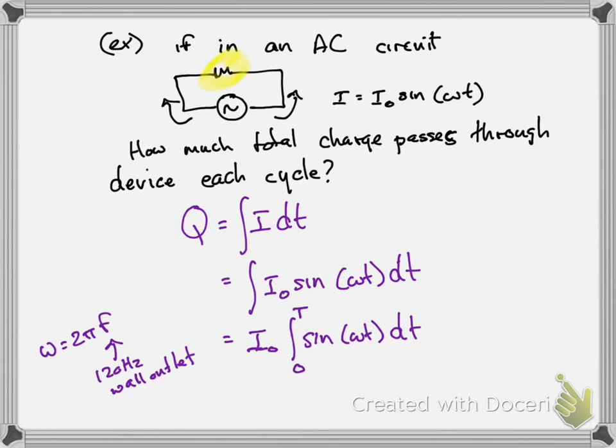Since omega is 2 pi f, omega is 2 pi times 1 over the period, and therefore the period is equal to 2 pi over omega. So we're integrating from 0 to 2 pi over omega. Let's write this out: Q is equal to I0 integral of sine omega t dt from 0 to 2 pi over omega.